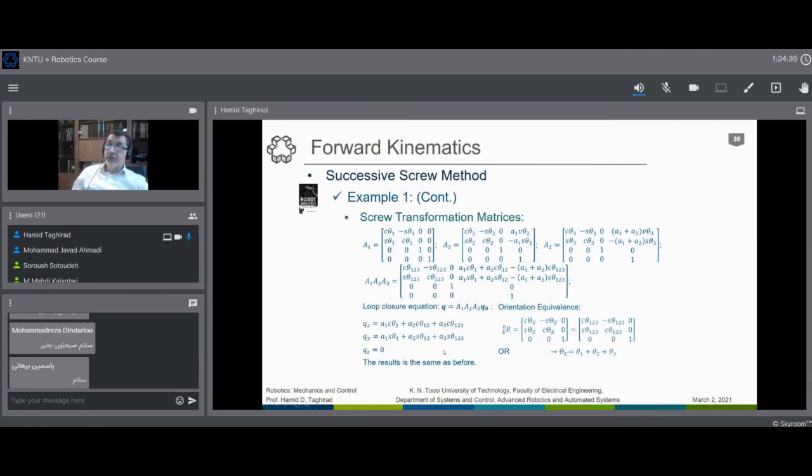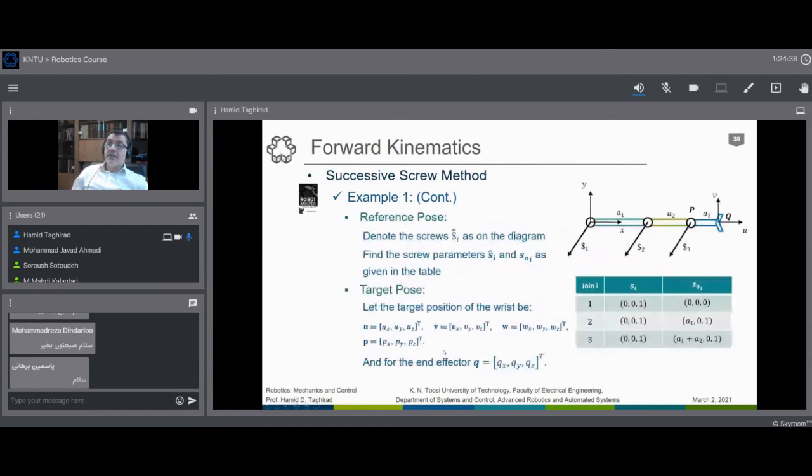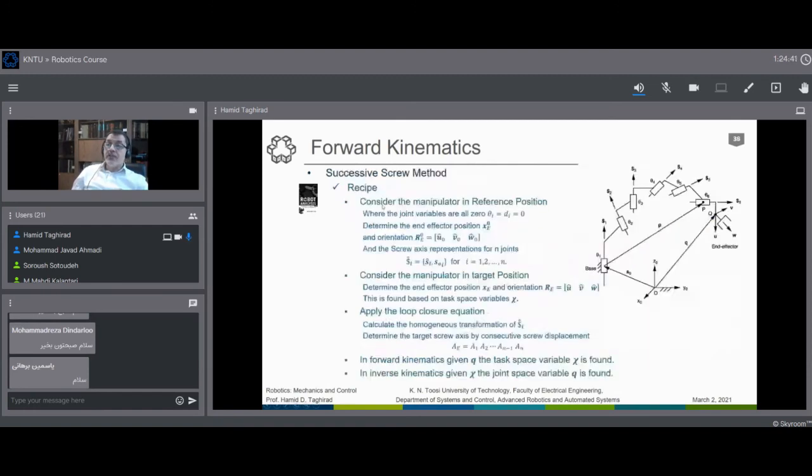You go back to, let's say, the recipe. The recipe is important. Put it in terms of a base frame, a reference frame. Find all the screws in the reference frame. Then you have a target position. Then you use the axis of screw displacement.